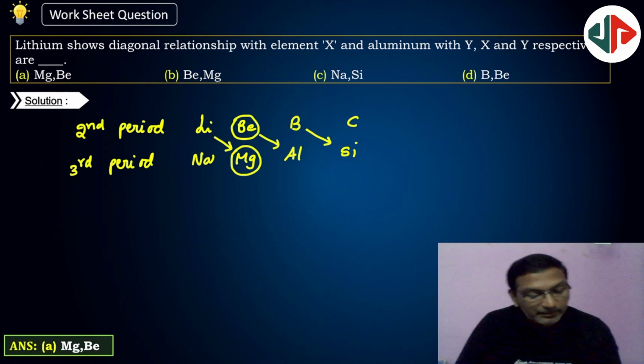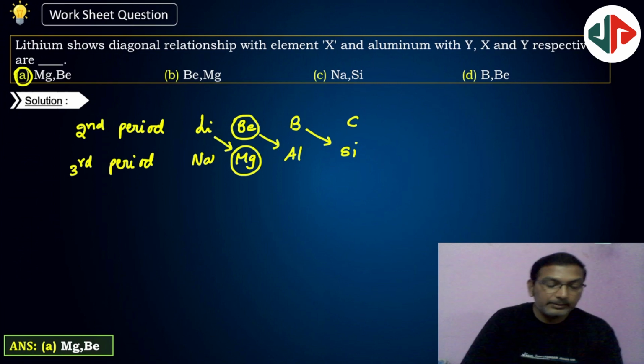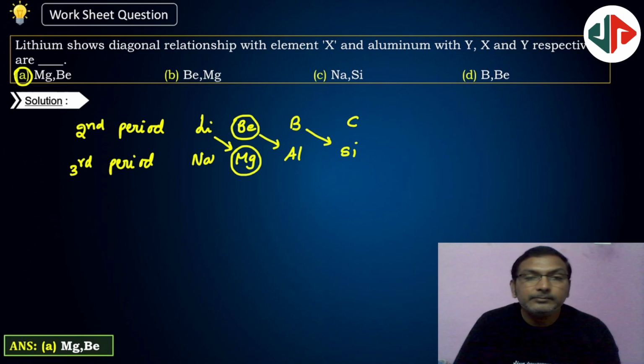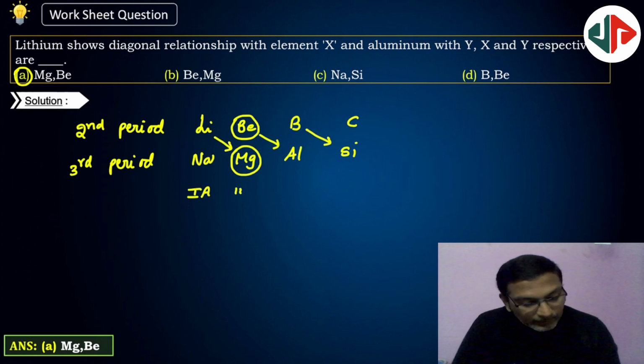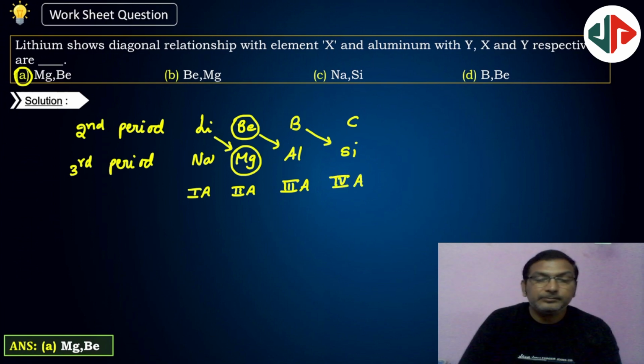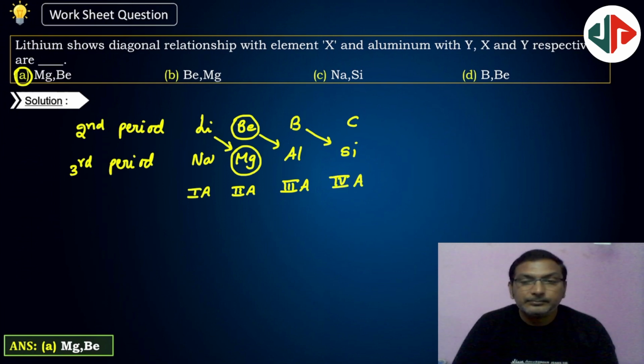So here magnesium and beryllium, option A. Group numbers, first A, second A, third A and fourth A. Next.